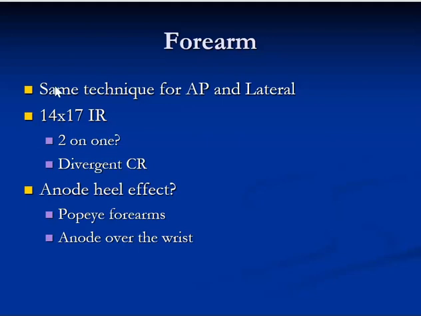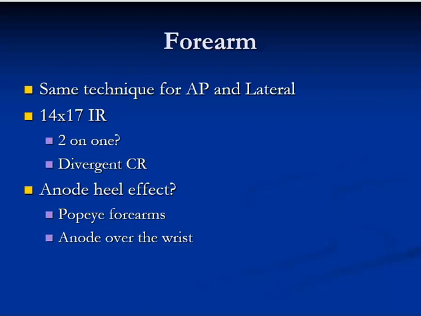And the reason I say that is because I've seen students and technologists make this particular mistake. They shoot the AP here, and then they want to put the lateral on the opposite side, but they've used a 14 by 17 image receptor, and maybe the patient can't reach all the way across to the opposite side.